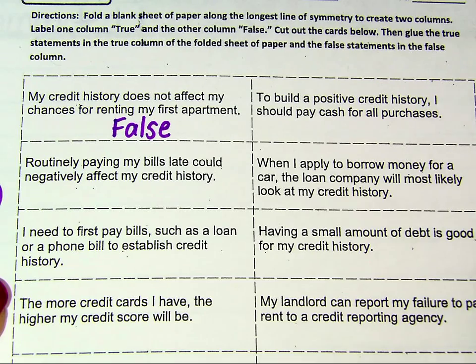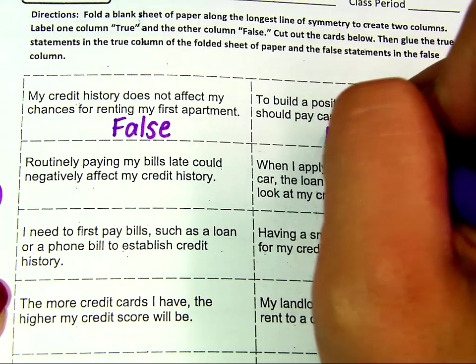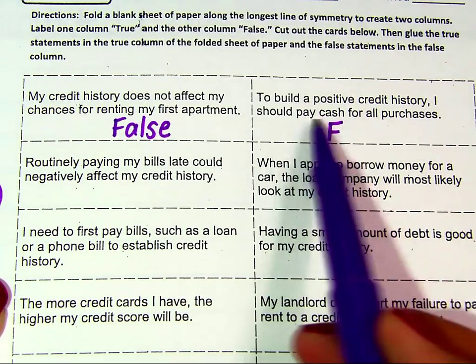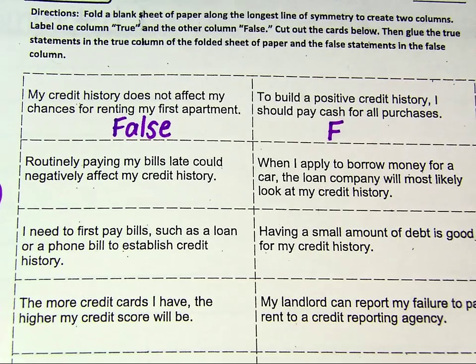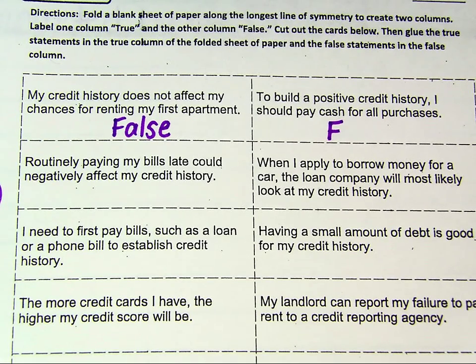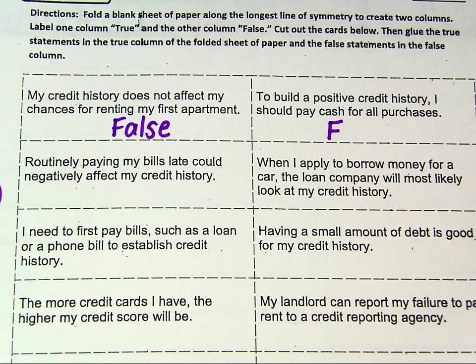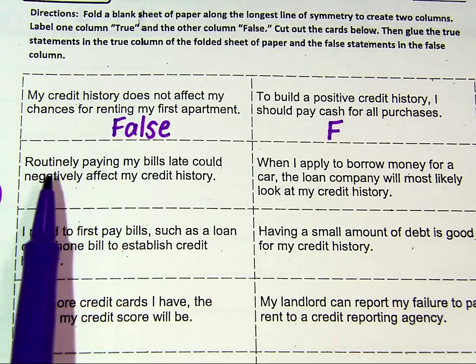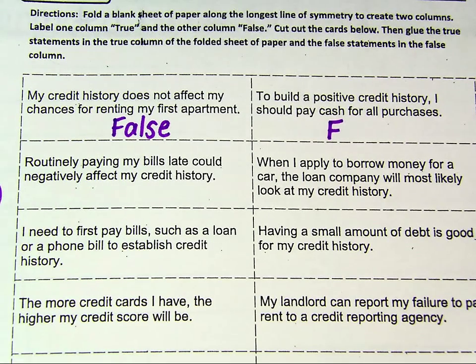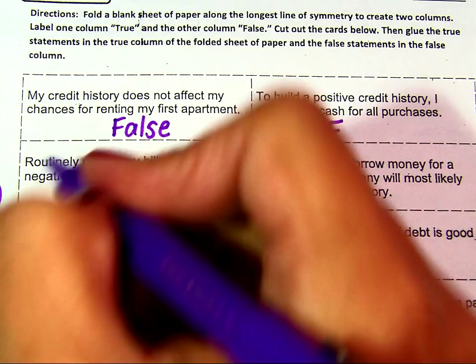The answer here is also false. Paying cash for everything means that you don't have credit, or you're not building up some credit history. So you have to choose wisely here. The next one says, routinely paying my bills late could negatively affect my credit history. True.